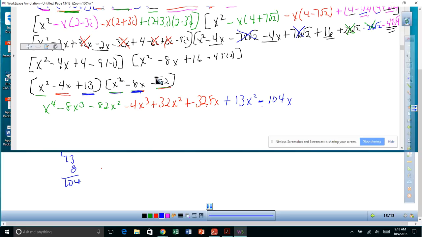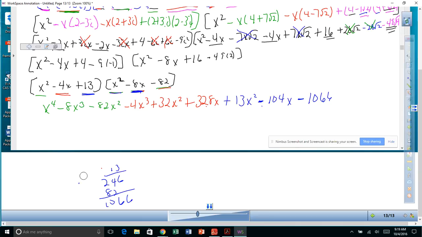Now you've got 13 times 82, and it's going to be negative. So 82 and 13, that's 1066, so it's minus 1066. All right, good so far.